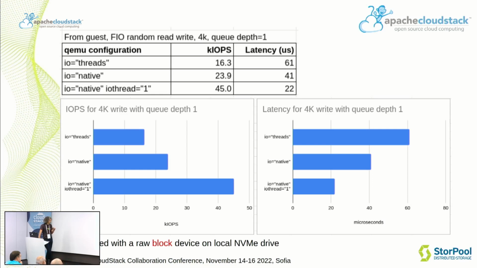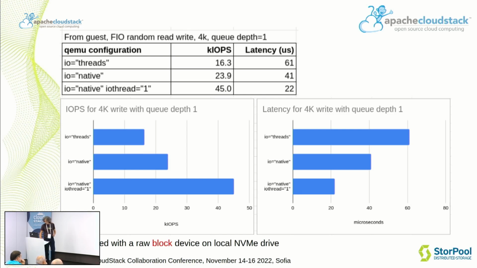And these operations are executed by the NVMe raw device, so the virtual disk is mapped to a raw block device on the host that is an NVMe device. We try to eliminate as much as possible of the actual storage device latency and impact.